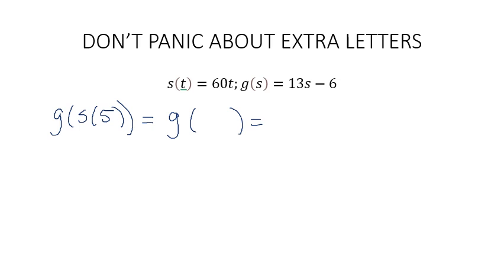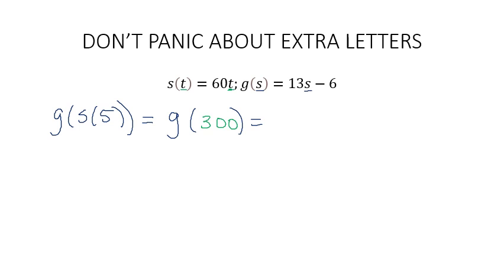the function s tells us to multiply the input by 60. So 60 times 5 is 300. So s of 5 is 300. Now I can move to the g function and replace the input with 300. So instead of g of s, I have g of 300.